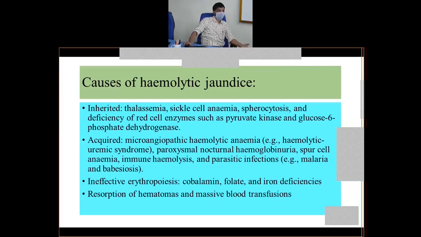Then ineffective erythropoiesis like cobalamin, folate or iron deficiency, and conditions where there is a big hematoma somewhere and this blood is absorbed. So absorption of a hematoma or massive blood transfusions may cause hyperbilirubinemia.